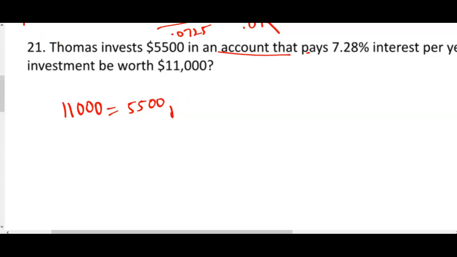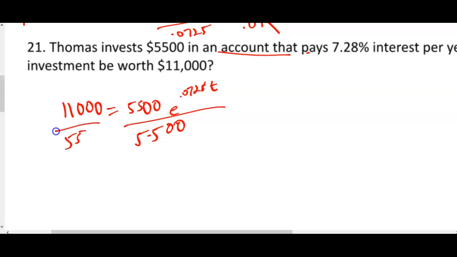Oops, sorry about that. e raised to the rt. So we're looking for time again. So we're going to start by dividing by 5,500. So I'm going to leave that like this for this time right here.